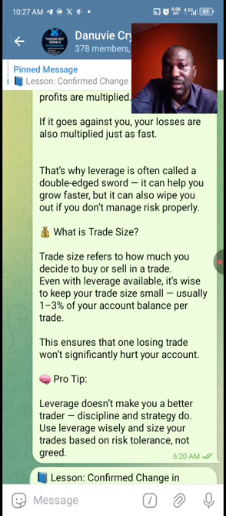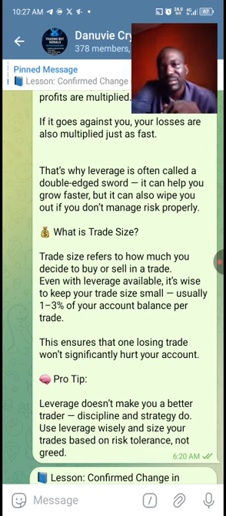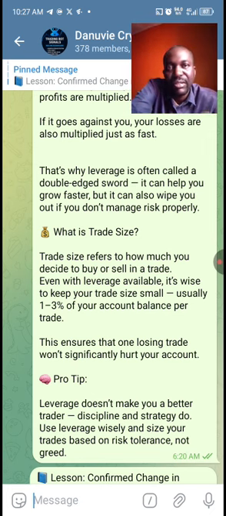If you are using $5 out of your $100, that is 5% of the account on one trade. So which means a $100 account can run up to 3-4 trades at the same time if you use this trade size. So trade size is, in the sense, not trying to put too much pressure on your account. That's what trade size is.